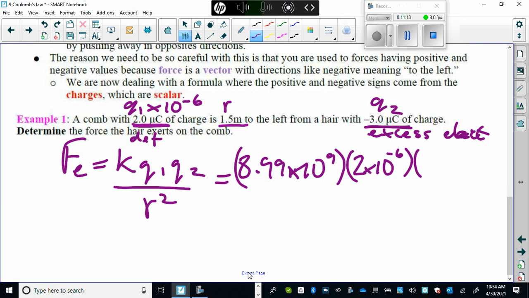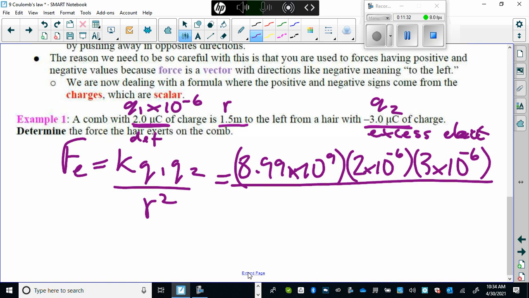Putting the negative into the question can be misleading, so I wouldn't do it if I was you. Leave the negatives out and then just use the negatives and the positives to determine what direction the hair or the comb, whatever they're talking about, goes in.